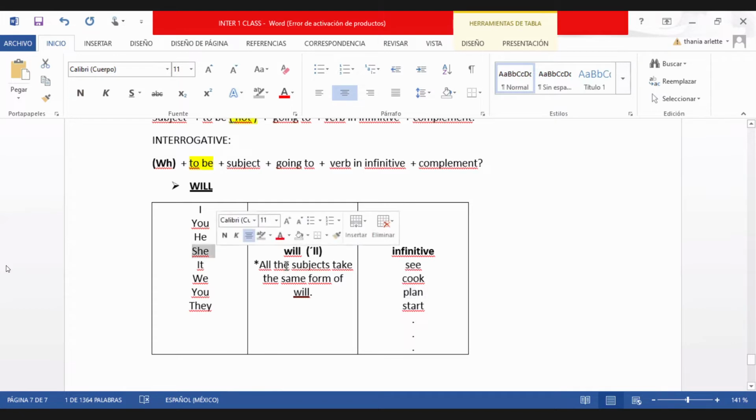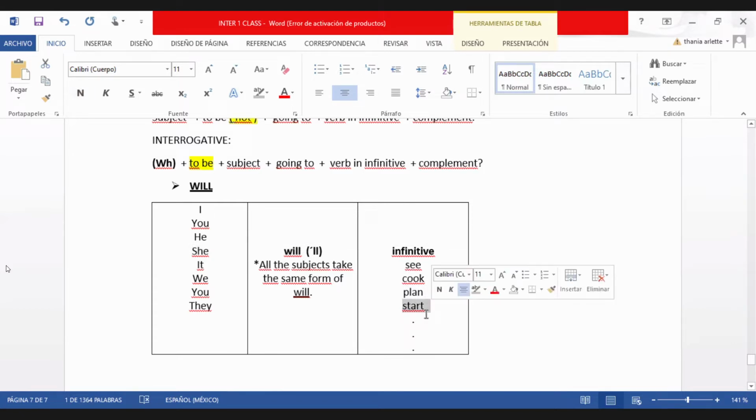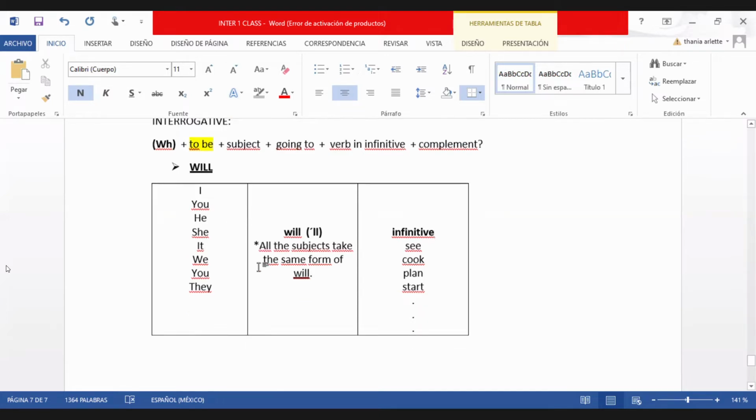She will start a new course tomorrow. And so the verb is going to be in the infinitive. No conjugation, no ed, no s, no to, no ing. This is my structure for the affirmative sentences in the future with the modal auxiliary will.